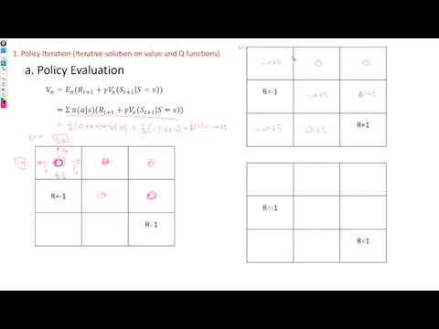So we want to choose this direction, and then negative 0.25 and 0, and 0 is larger than this one. So we want to go there, go there, go there. That's it. I think that's the basic idea of this policy evaluation. And you keep doing the same thing.